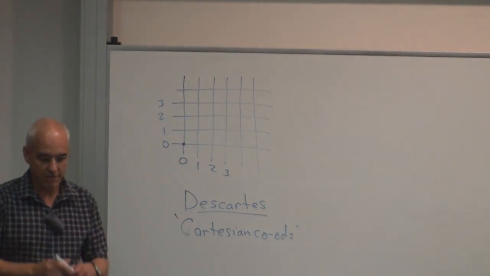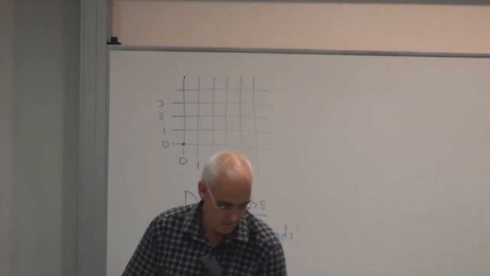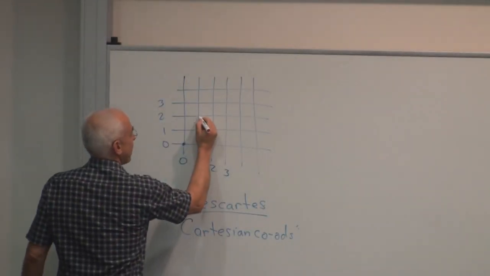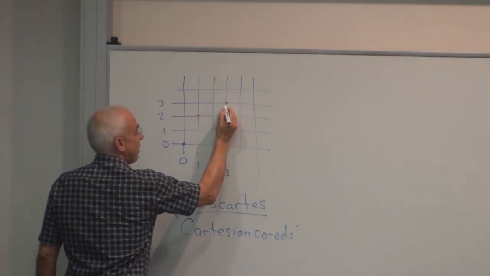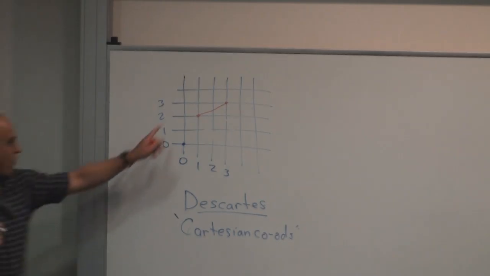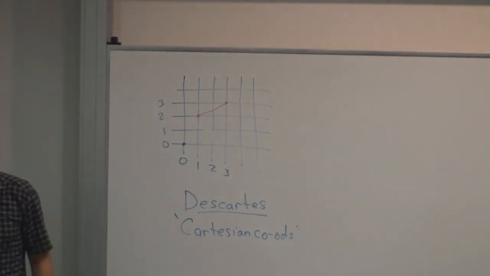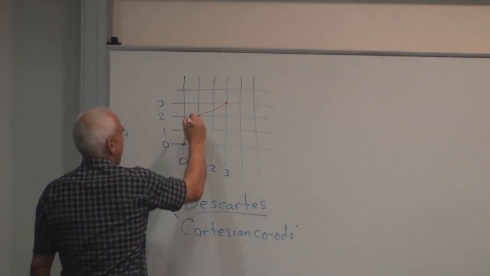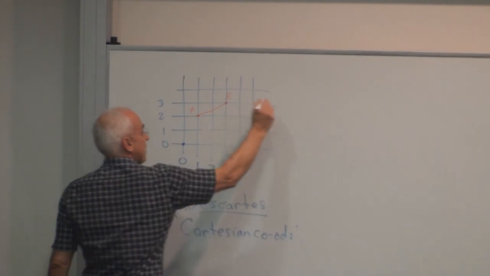Okay, so suppose you have a little length. Let me do a rather simple-minded one. Let's just talk about that little segment there. Okay, over 2 and up 1. Now, what's the length of AB?